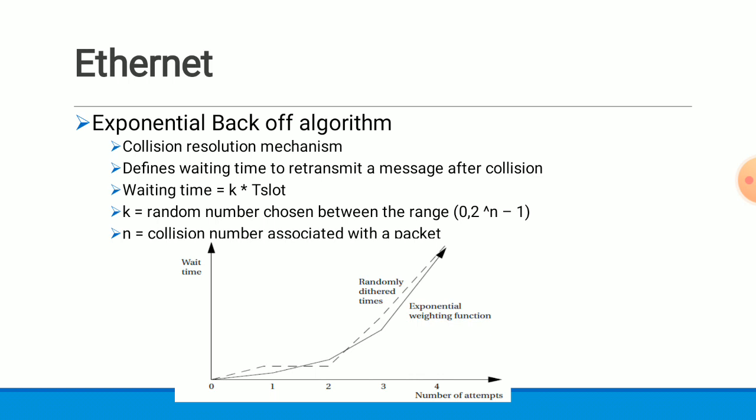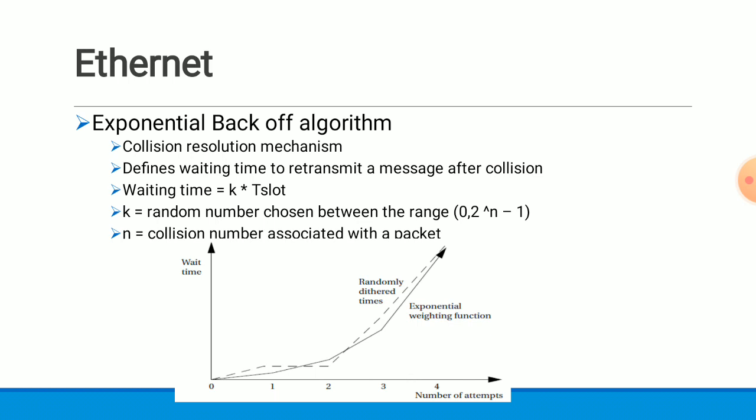The backoff algorithm defines a waiting time for the nodes involved in a collision, that is, how much time the station or node should wait to retransmit the message after a collision is detected.